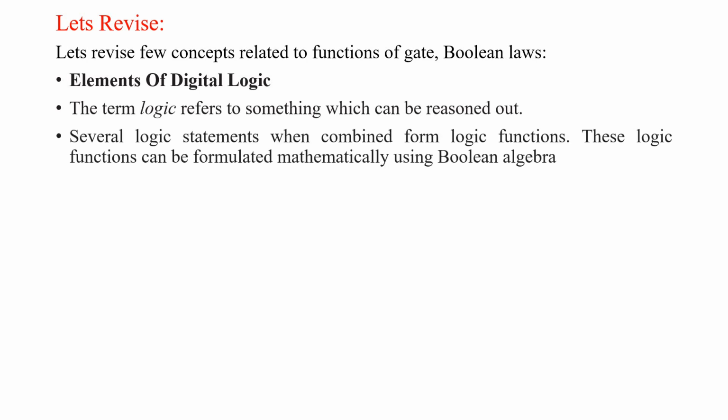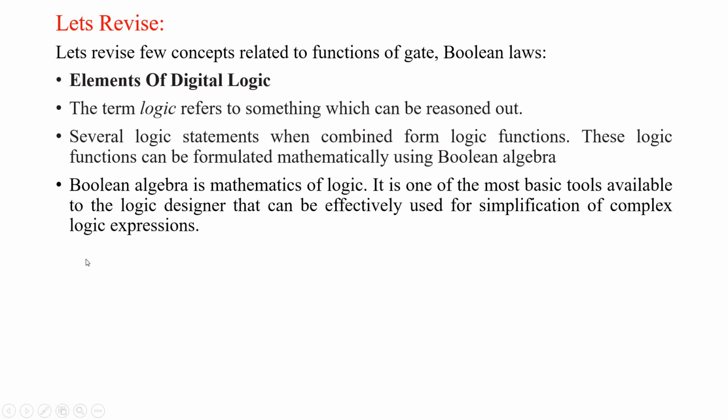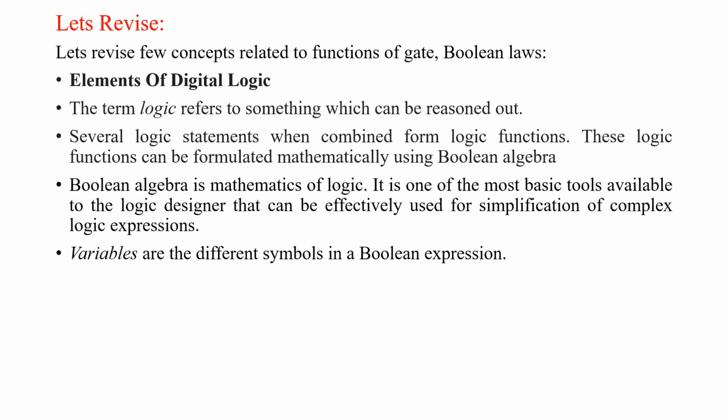Several logic statements, when combined in the form of logic functions, can be formulated mathematically, called Boolean algebra. So Boolean algebra is nothing but a mathematical representation of logic, where we can express the function in terms of logical expressions. The most important parameter is a variable.